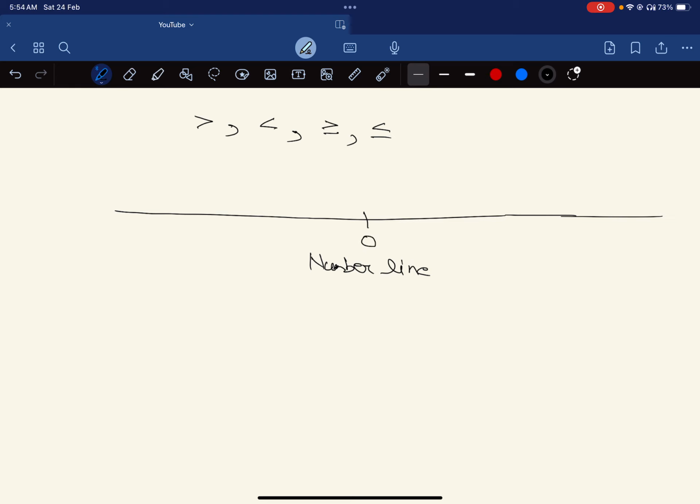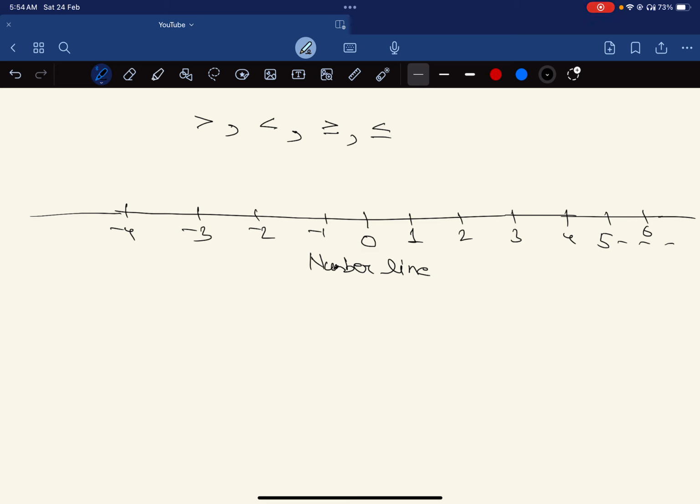Then we have 1, 2, 3, 4, 5 on the right hand side of the number line, and it goes on. Then we have -1, -2, -3, -4.